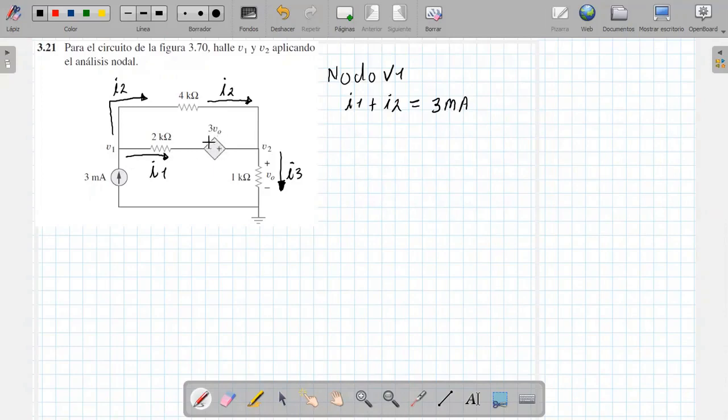Therefore V1 and this dependent source add up. So I know that it is V1 plus 3 times Vo, minus V2, because this generates a voltage to the right.